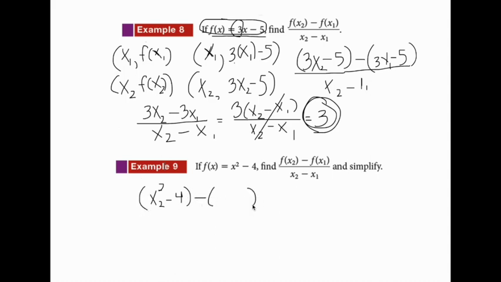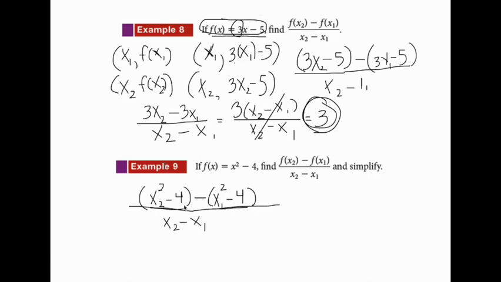Then when I plug in my x1 to find my corresponding value, I'm going to get x1 squared minus 4. And then this is my f of x2 minus my f of x1. That's all in the numerator. Then in the denominator, I'm going to take the difference of my x's. So that's going to be x2 minus x1.